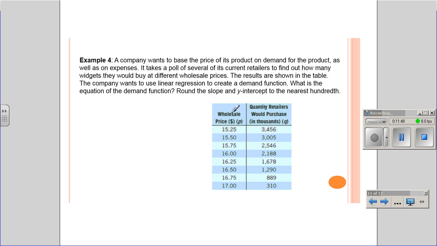When you write this demand function, you put these in and you do a linear regression, you're going to get a demand function. So Q again is the quantity that's demanded, and you should get Q = -1,756.19P + 30,238.82, where P is price.